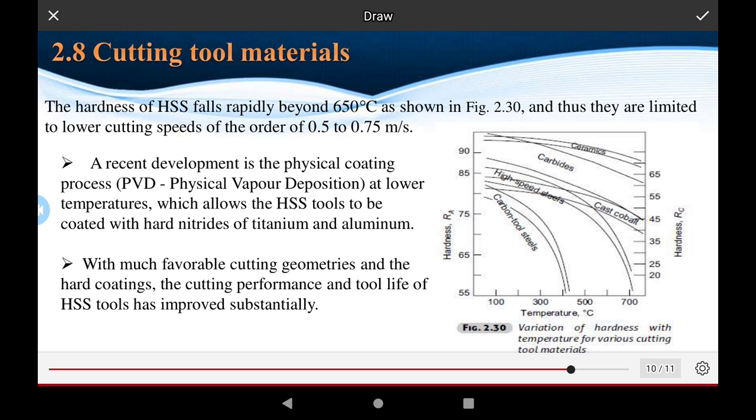The temperature capability is medium, and this is the high speed steel. The hardness increases to 85, and the temperature is around 700 degrees Celsius.